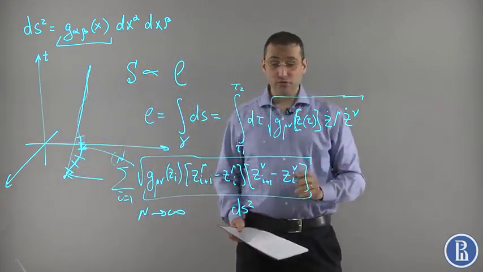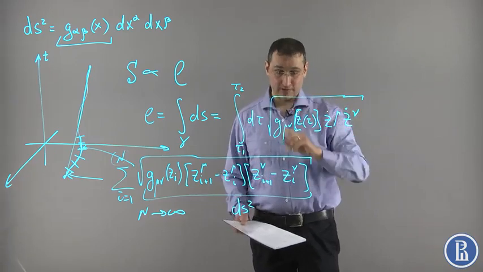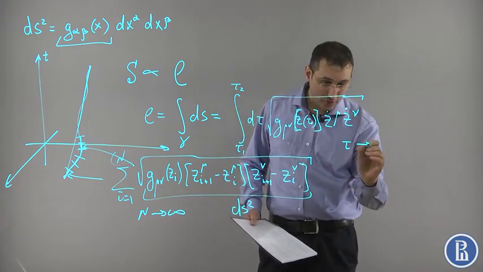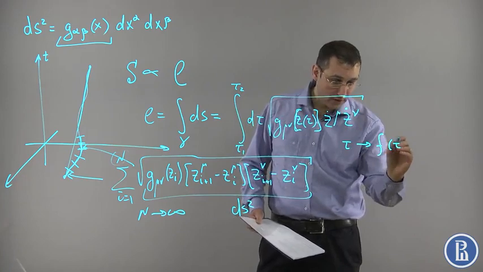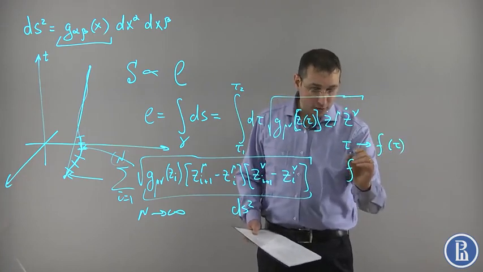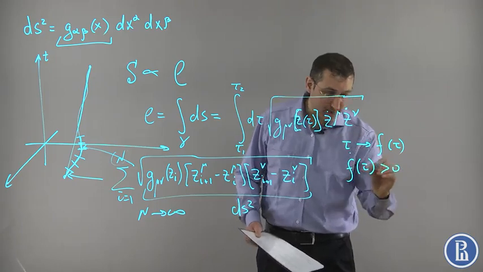Notice that we can choose any parameterization of this world line. We can change from tau to f of tau as long as f dot of tau is greater than 0.